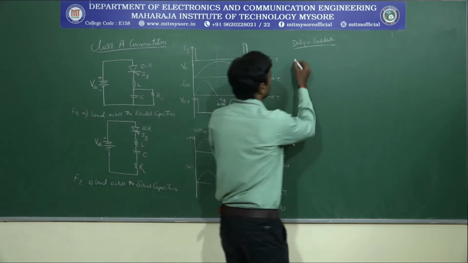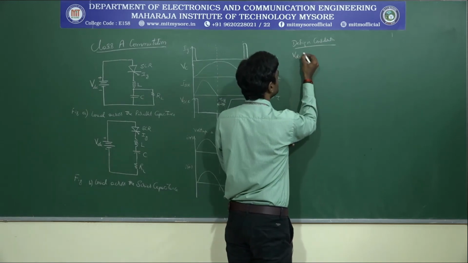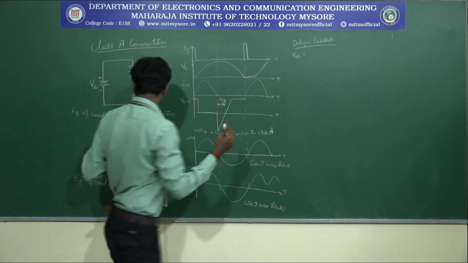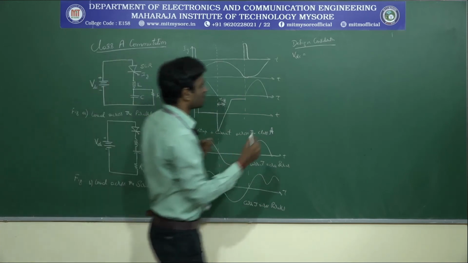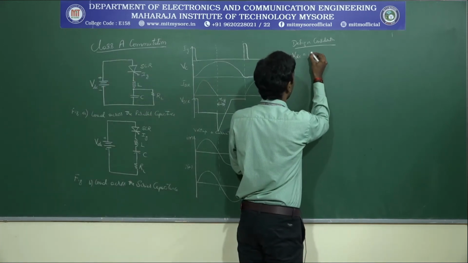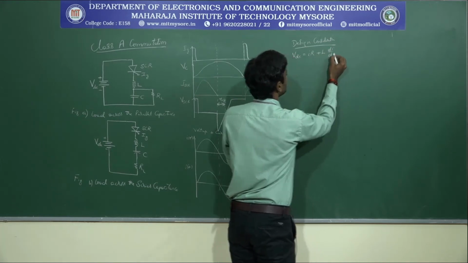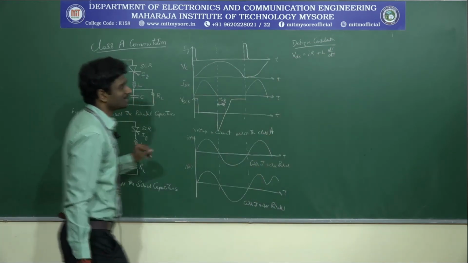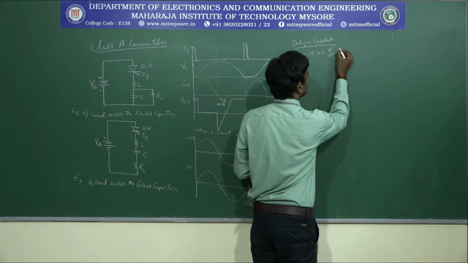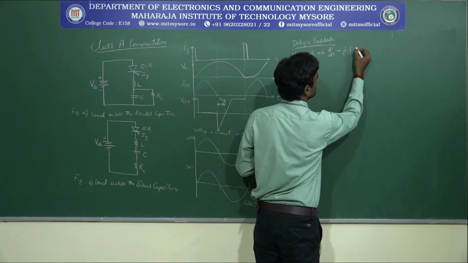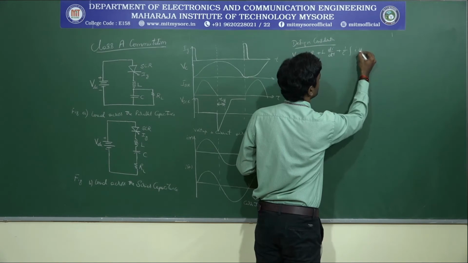So VDC will be equal to I into R plus L into di by dt for the inductance, and for the capacitance 1 by C times the integral of I of t.